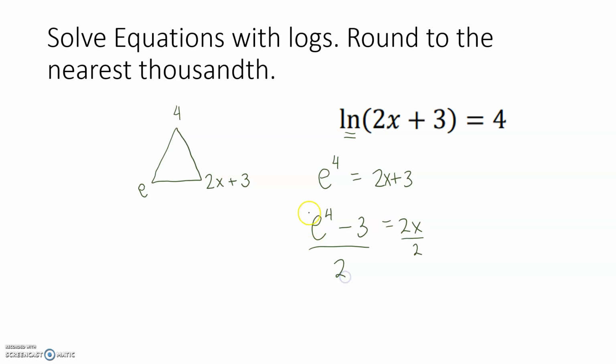And if you type this onto your calculator, just make sure you're grouping that e to the 4th minus 3 because you want to divide that whole answer by 2. So on my calculator, to get to the e to the x button, it is the second natural log button. And so I get 25.799. And I could check that by checking what the natural log of 2 times that plus 3 is. It's going to be about 4.